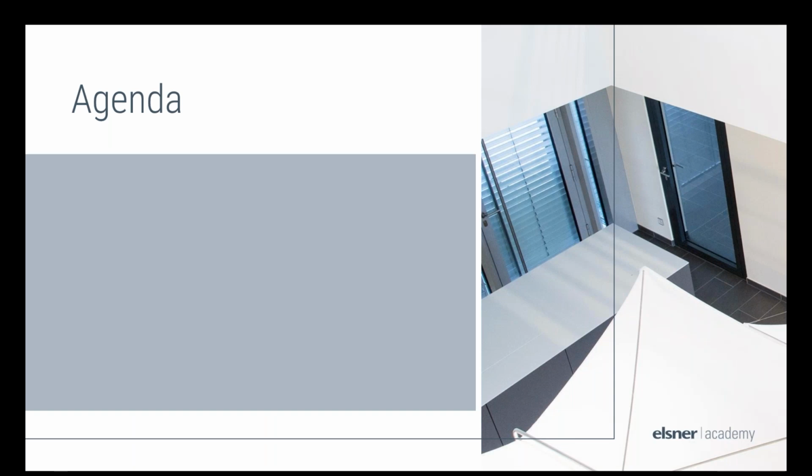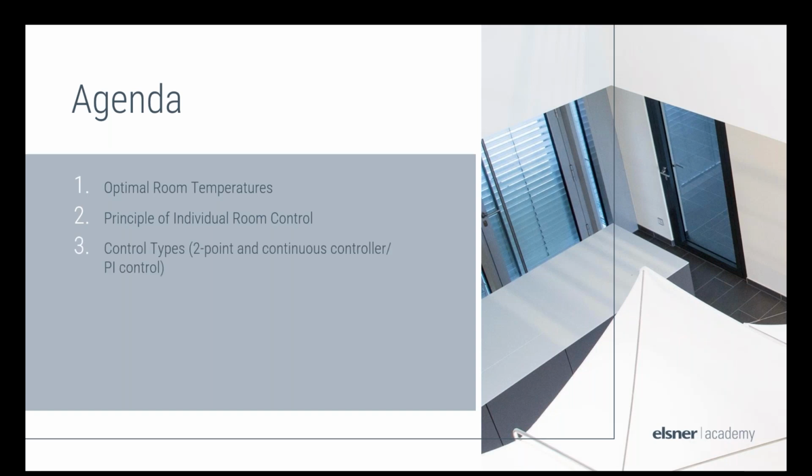First up, we're going to look at the perfect room temperatures, depending on the room you're in. Afterwards, we will learn about the principle of individual room control. Next, we continue with different control types. There's the two-point control and the continuous controller. Those are two different control modes that we will discuss in a bit more detail.